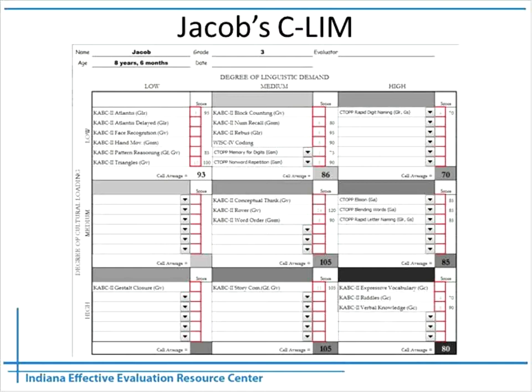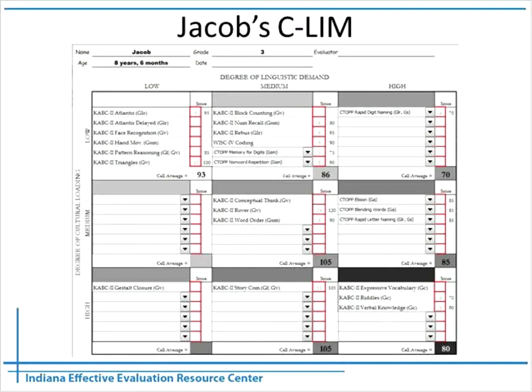And then KABC-II Story Completion, he got a 105. Now, story completion at that point, although it's a measure of GF, really probably by grade 3, at ages 5 and 6, story completion is more of a GV task, so it's possible he did very, very well primarily because it may not be tapping much into GF at this time. But for the most part, you see where the other scores fall, and the CTOP scores are in there as well.